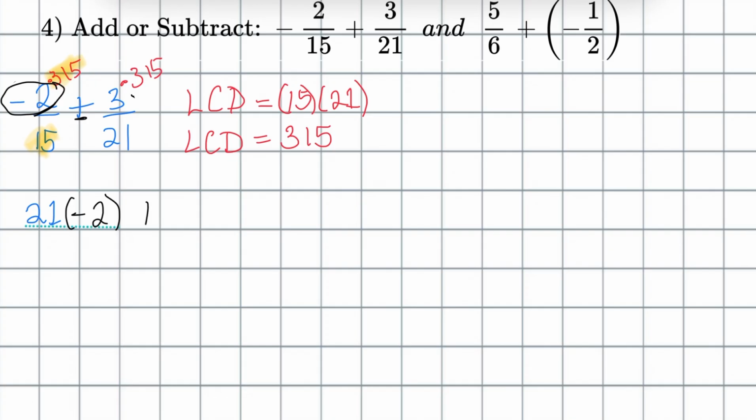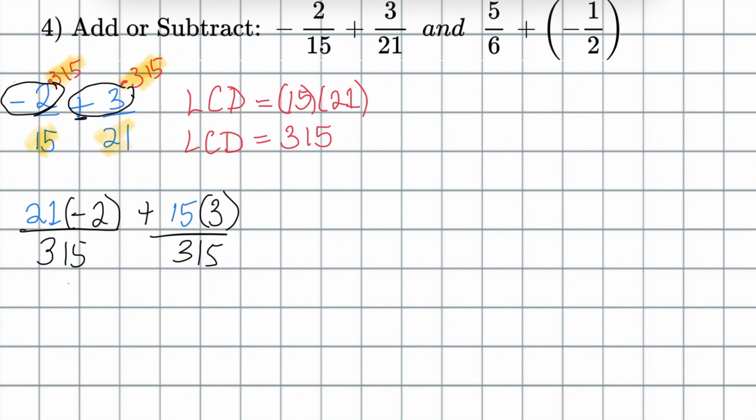You keep the plus sign, and later you do the same process on the other side. You divide 315 by 21, and that's going to be the opposite number, which is 15. That 15 you multiply by whatever we have left here, which is a positive 3. And then we make both denominators 315, because that is our lower common denominator.